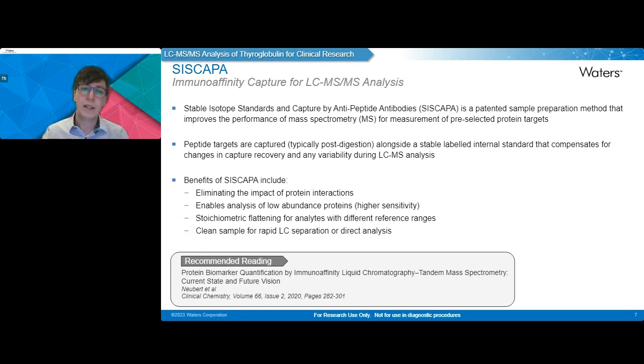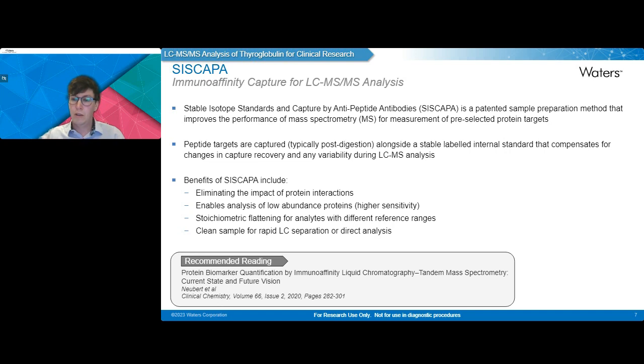It enables the analysis of low abundance proteins, so providing higher analytical sensitivity for the analysis. You have the capability of something called stoichiometric flattening for analytes with different reference ranges.